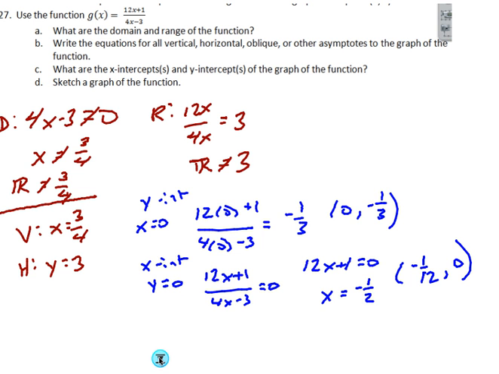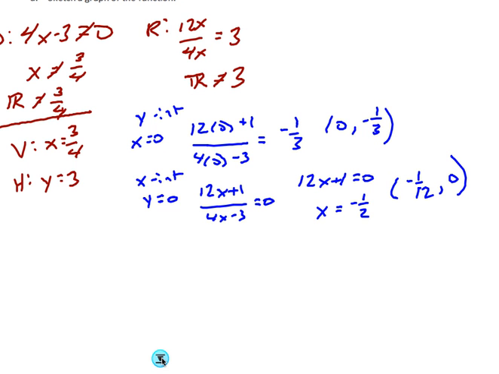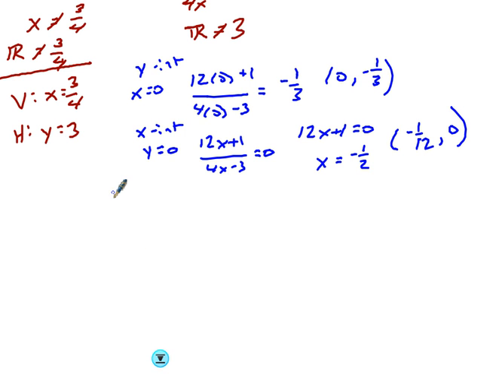And the last part that you're asked to do is figure out what the sketch of the graph would be. So if you're trying to figure out a sketch, it might help to sketch out where your asymptotes are. And if your asymptotes have a vertical asymptote at 3/4, so I'm just going to estimate where 3/4 is right about there, and a horizontal asymptote at positive 3, I'm going to estimate that somewhere up there.